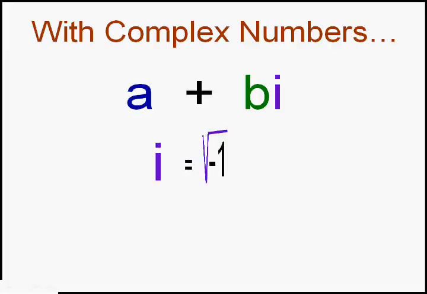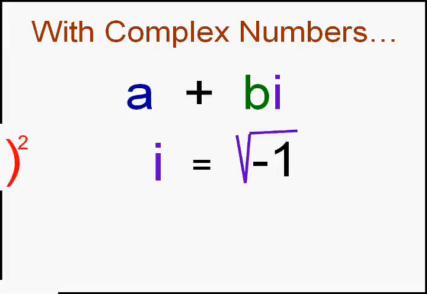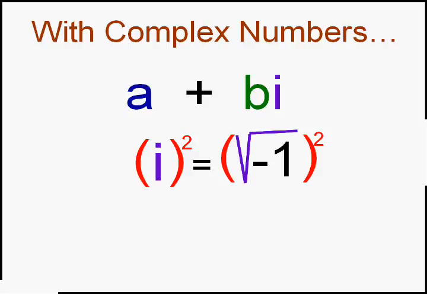Because i is the square root of -1. So, if we square it, in other words, if the exponent isn't 1, the basic definition of square roots, if we square a square root, what will we get? i squared will be -1, and then we won't have a complex number anymore, will we?